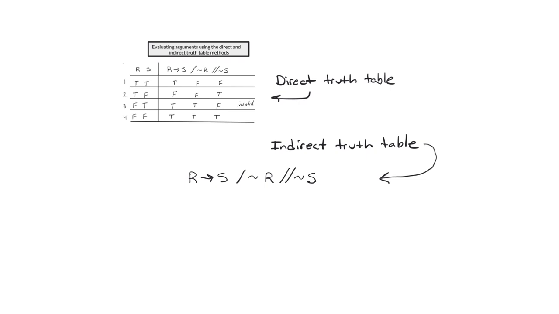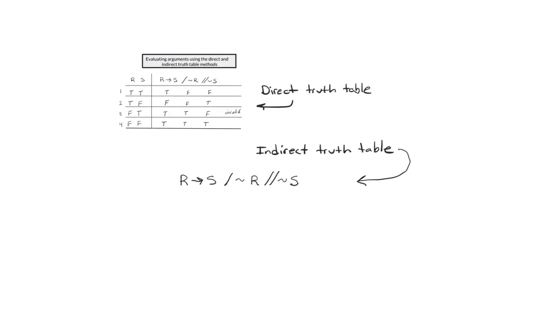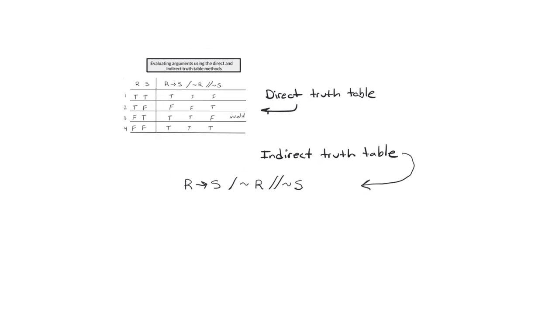So let's start by assuming the conclusion is false. What's our conclusion? Our conclusion is the negation of S, or tilde S. So let's put an F underneath that tilde. If the negation of S is false, we know that S must be true, right?